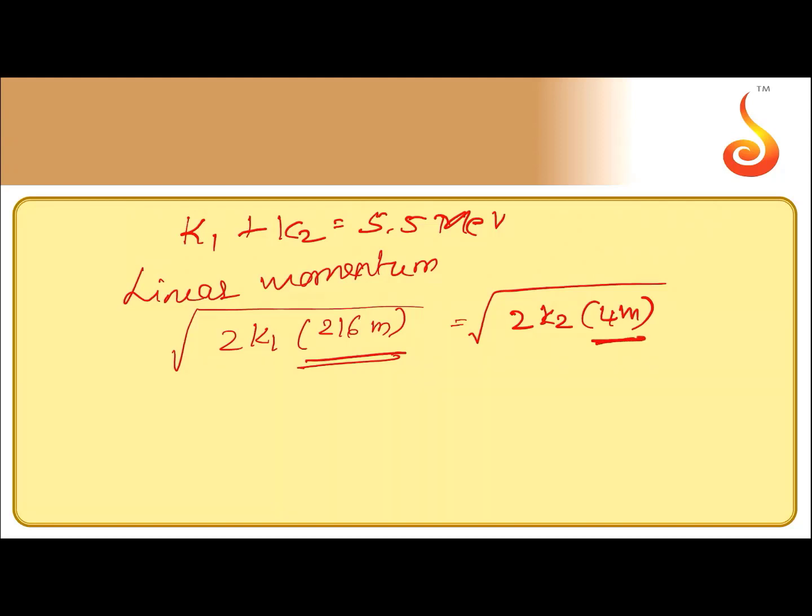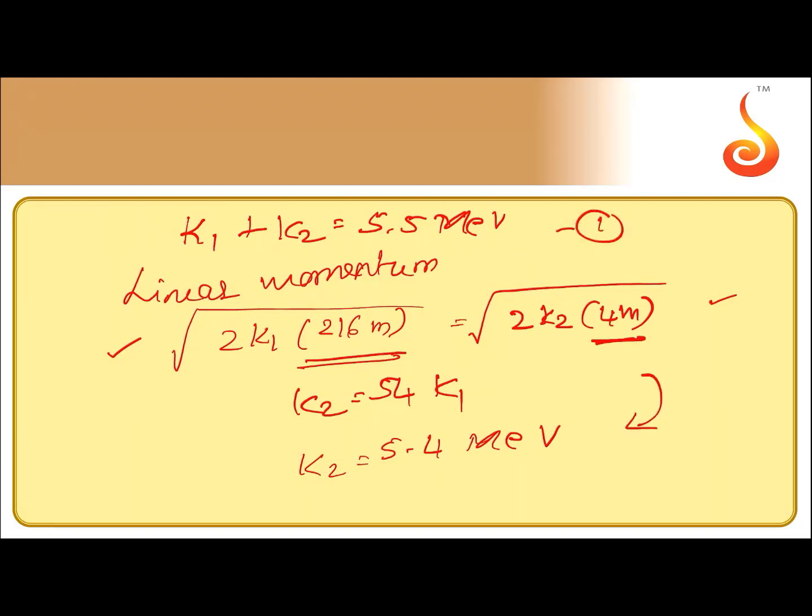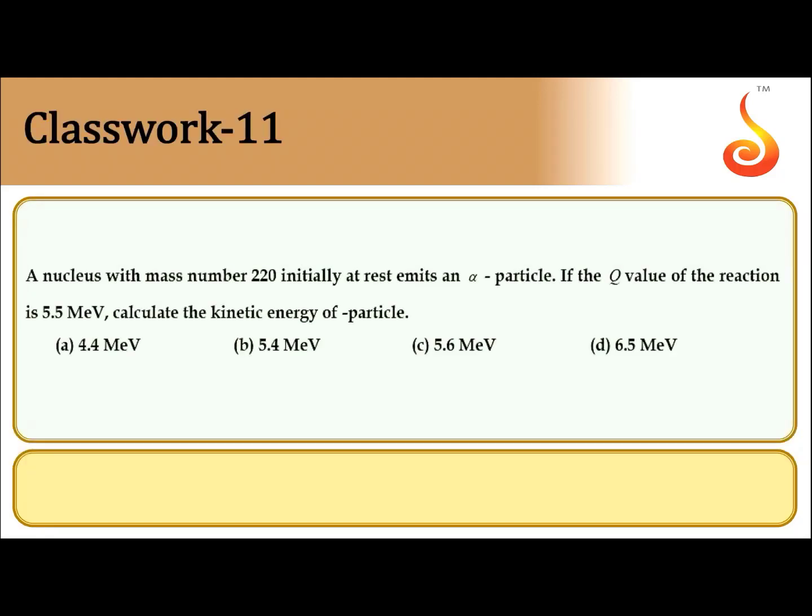What is this 4m? The mass of the ejected particle. So the momentum of the remaining part and that of the ejected part must be the same. So I have K2 is equal to 54 K1 from this equation, or K2 is equal to 5.4 million electron volt. We know the value of K2, so I can go to equation 1 and simplify to get the kinetic energy as 5.4 million electron volts. B is our correct choice.